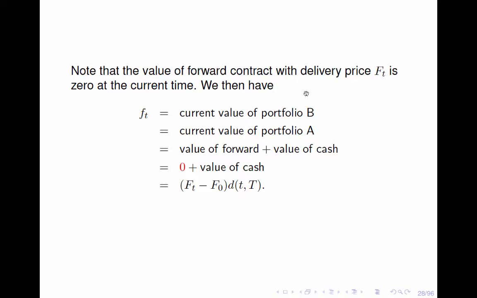Therefore, the current value of the forward contract with delivery price F0, that is, the current value of portfolio B, is equal to the current value of portfolio A, which consists of two parts: the value of the forward contract with delivery price Ft, and the value of the cash amount. And note that the value of the forward contract with delivery price Ft is 0 at the current time. We thus obtained the value of the forward contract with delivery price F0.